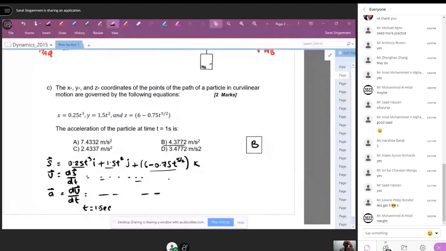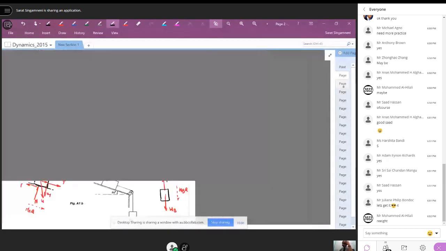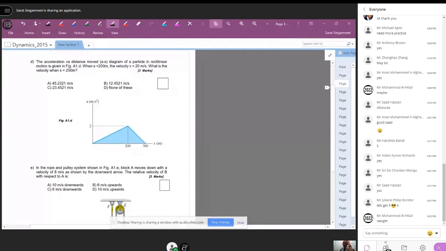The acceleration versus distance moved, a-s diagram of a particle in rectilinear motion is given in figure A1D. When s equal to 200 meters, the velocity v equal to 20 meters per second.